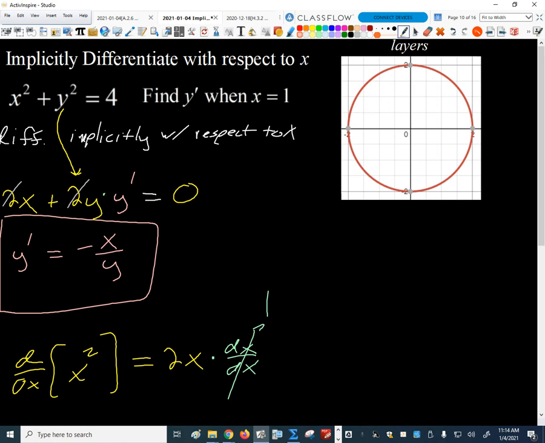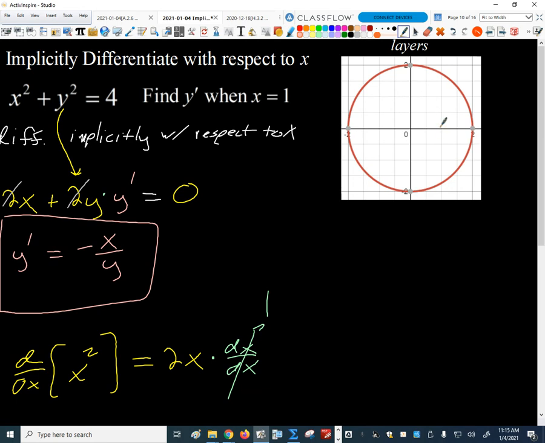Is it alarming that I get x's and y's in my answer? No. We should expect that when we use an implicit process. And in this case, it makes sense that I would, because this is not a function. For every x value, there are multiple y values, right? So I need to specify, like if I want to find y prime when x equals 1, well, look at this.